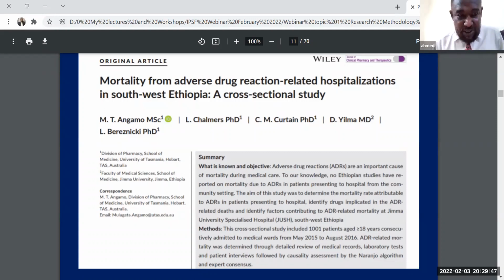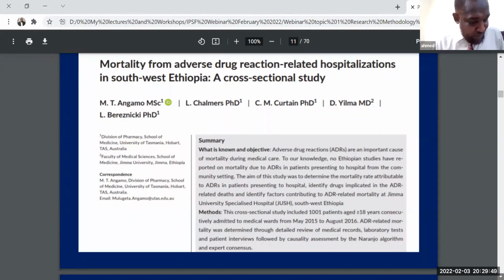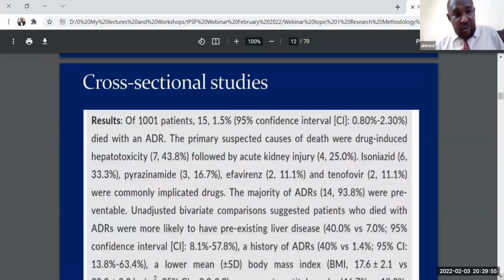Another slide is about part of the result of this study. Here the researcher mentioned 1,001 patients, of whom 15, representing 1.5%, died with an adverse drug reaction.